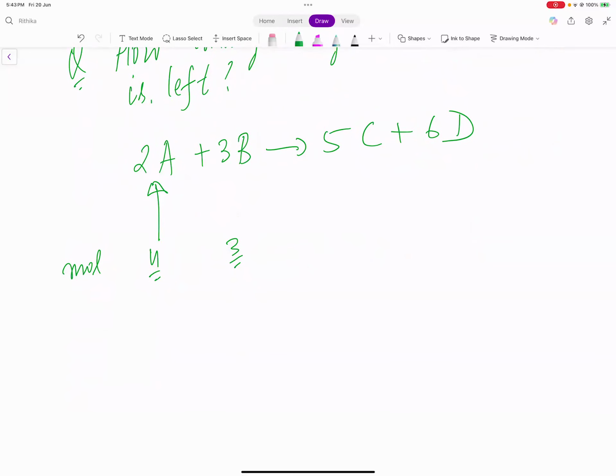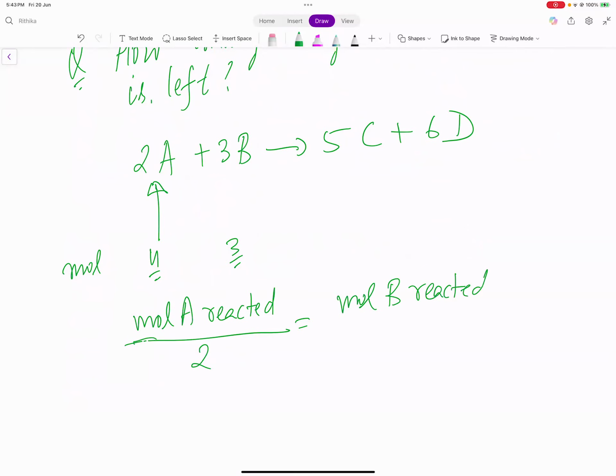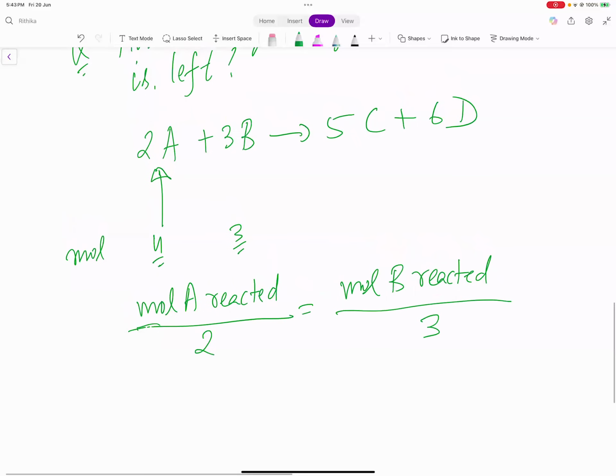Again, the limiting reactant will decide. So we'll write like this: mole A reacted, because it is a reactant, so it will be reacted. On the right-hand side, it will be produced. So mole A reacted by 2 will be equal to mole B reacted by 3. And I know that all the moles of B have reacted because it is the limiting reactant.